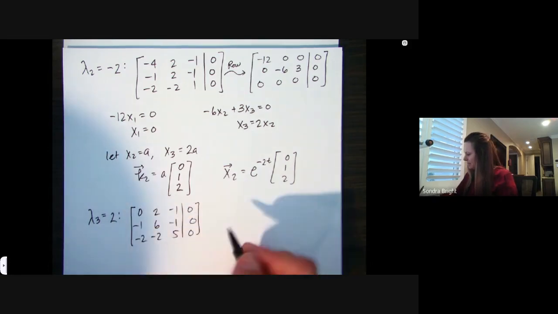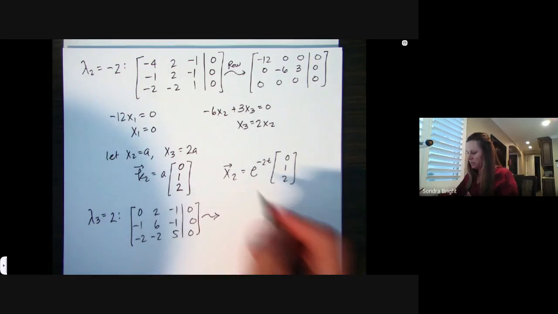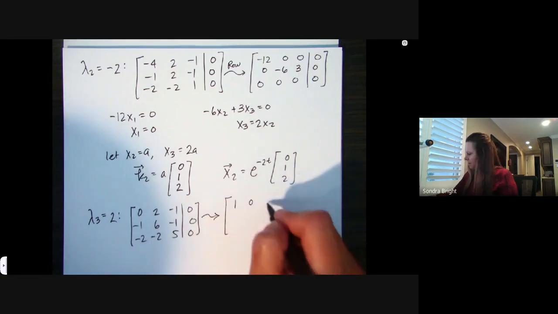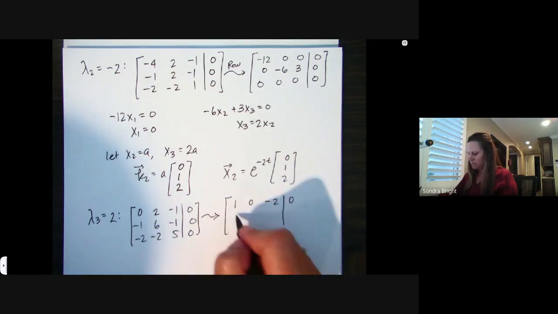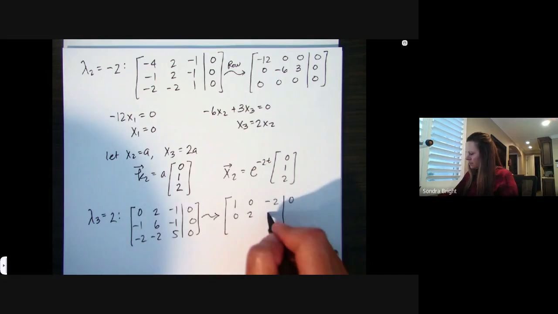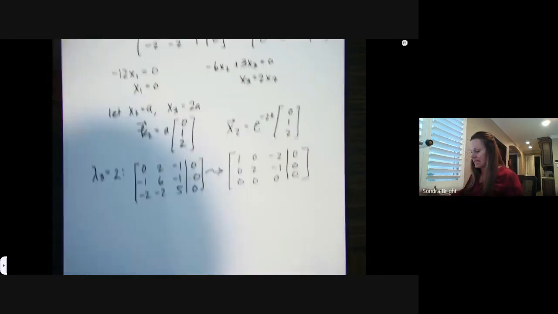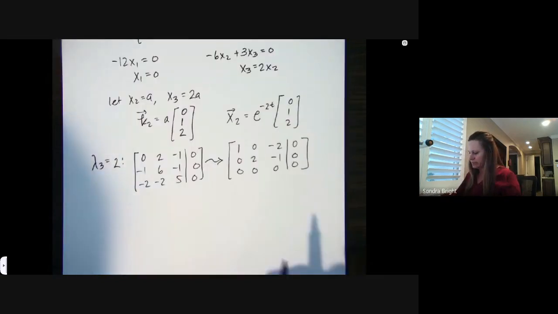I did some row operations, maybe even 3 sets of them, something like that. But I got 1, 0, negative 2, 0, then 0, 2, negative 1, 0, and 0, 0, 0, 0. So that's what I got when I did my row operations. Again, you might get something slightly different, but it should be pretty close to something like that.